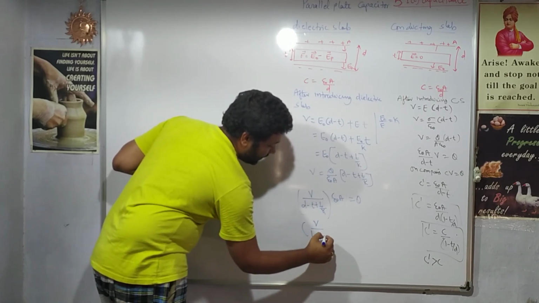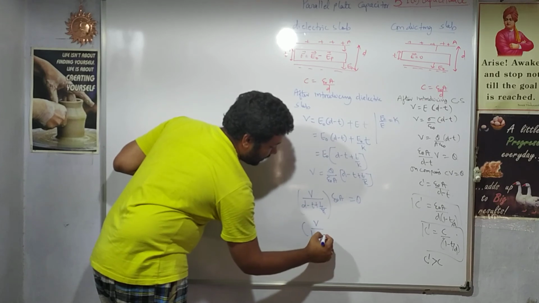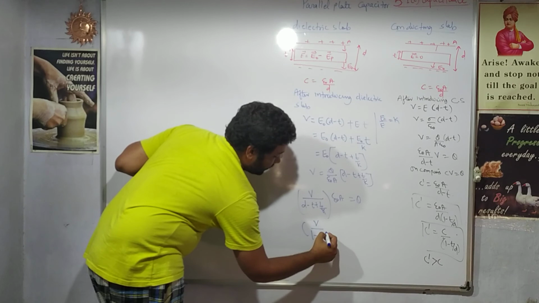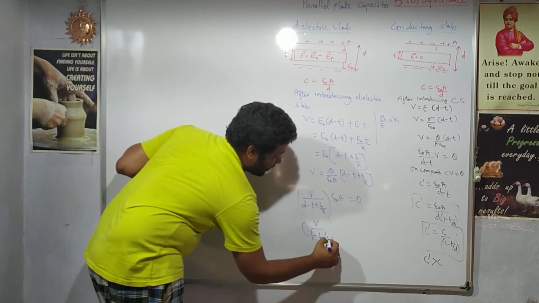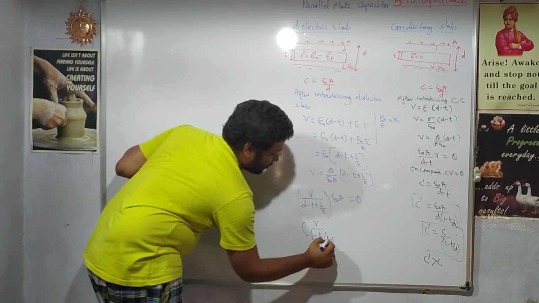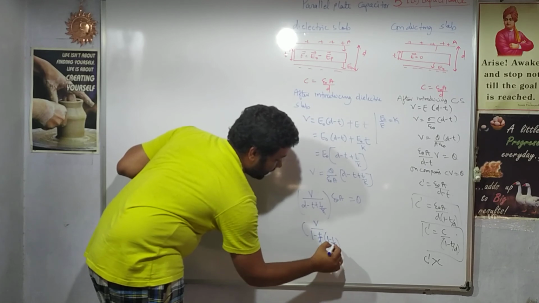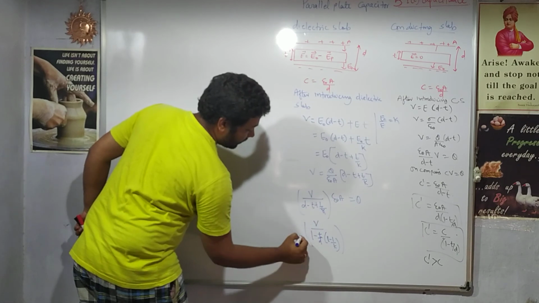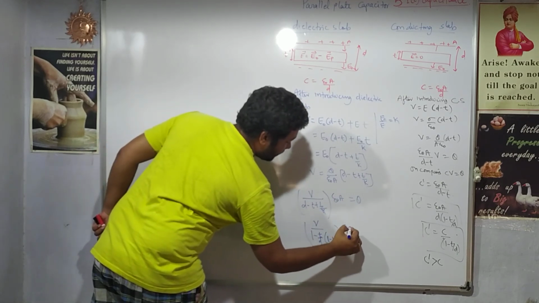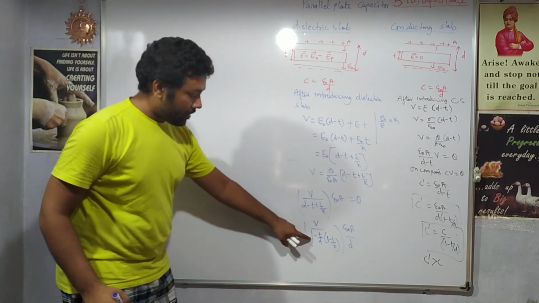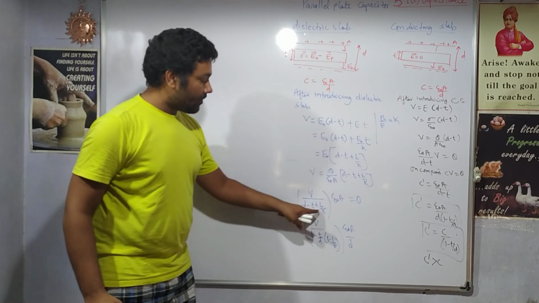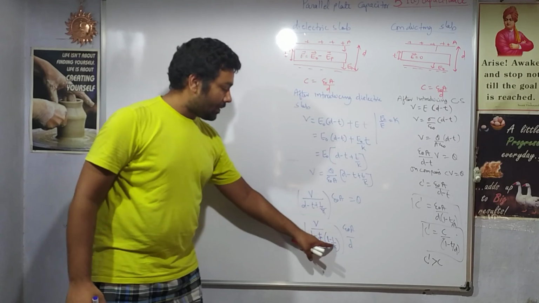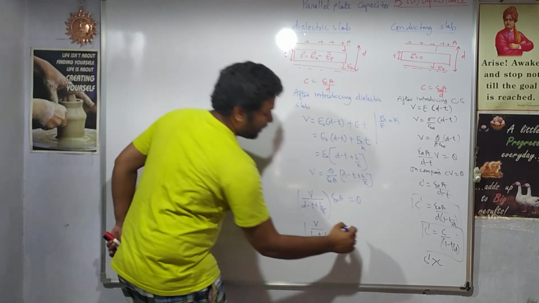Please see this. I have taken out D common from the denominator. So here D was there, D common 1. Now here these two terms if I combine, it will be T by D, here it will remain 1 and the plus will become minus sign. So 1 upon K, that is the Q.